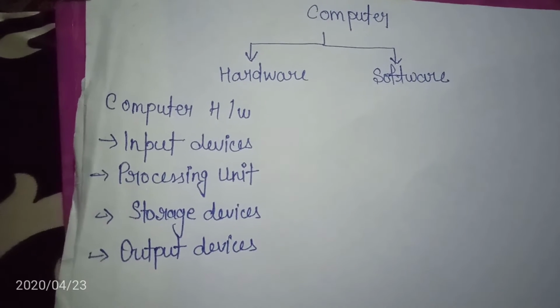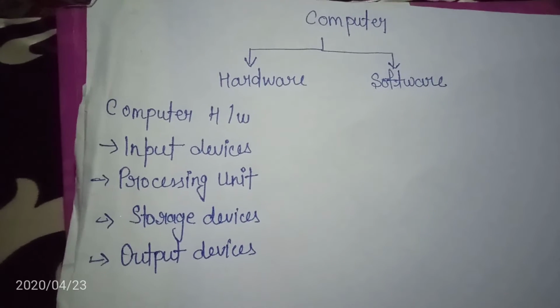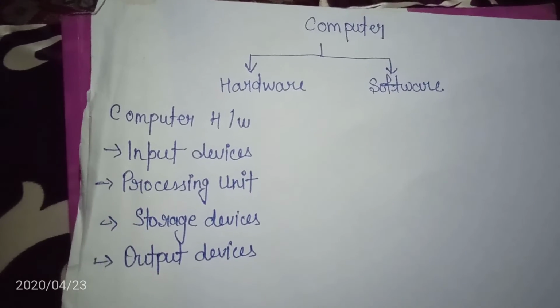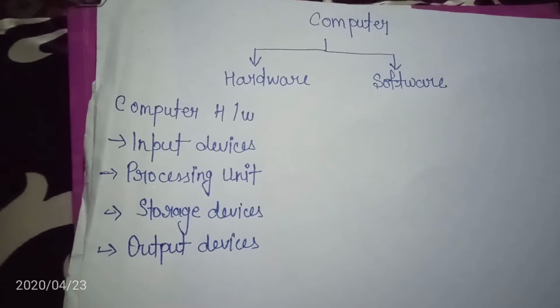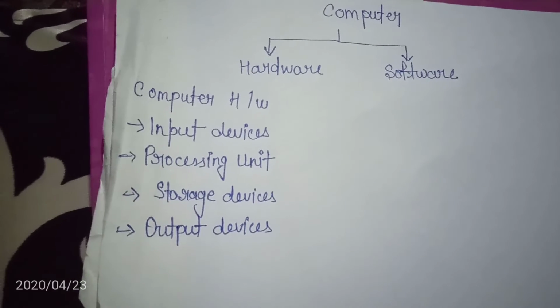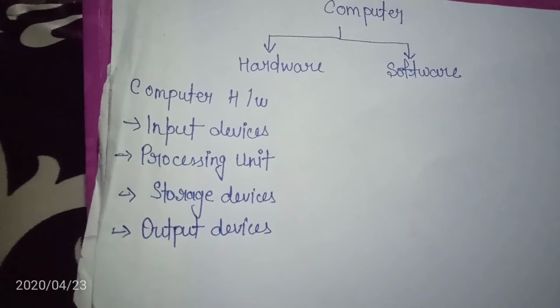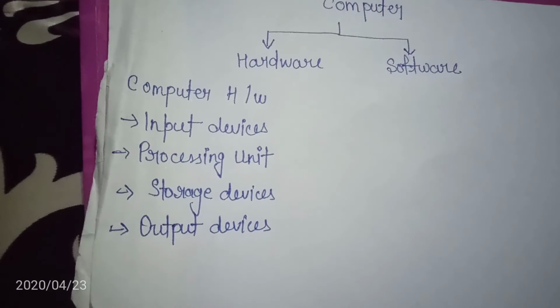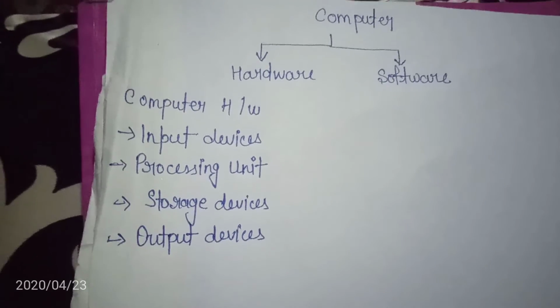So memory is our storage device. Okay, so it is used to store data and information. Storage devices are used to store data and information. Examples of storage devices are hard disk, CD, DVD, and pen drive.